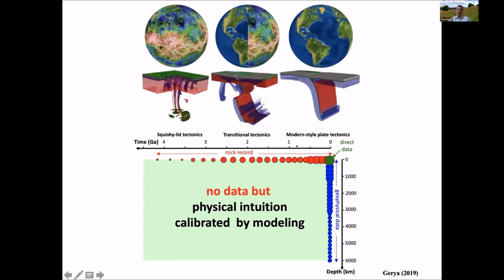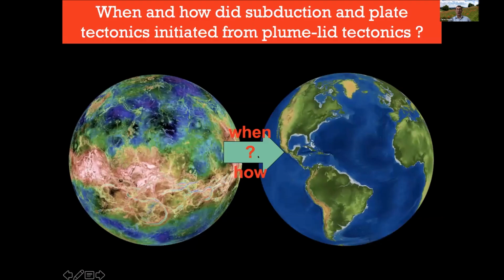Currently, and models are always pushing me forward in time to set the limit for modern style plate tectonics, I'm more or less believing that the beginning of this was between 1 giga-years and 0.5 giga-years. And more arguments on that will be presented by Bob Stern next to me. So to me, the question is when and how and why this transition happened.